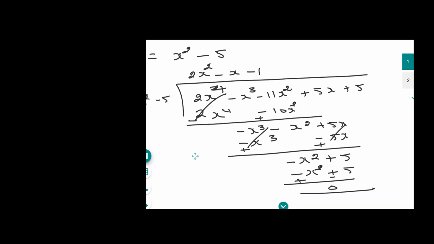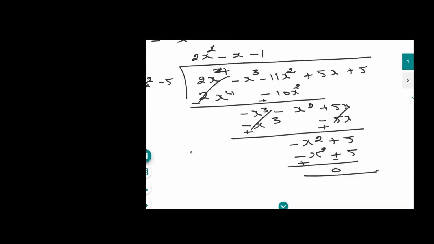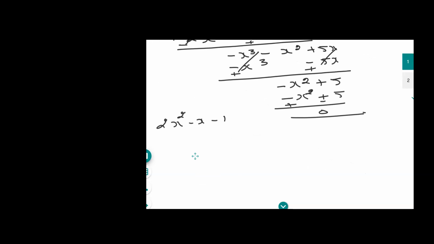So, the quotient is 2x squared minus x minus 1. On factorizing this, we get 2x squared minus 2x minus x minus 1.